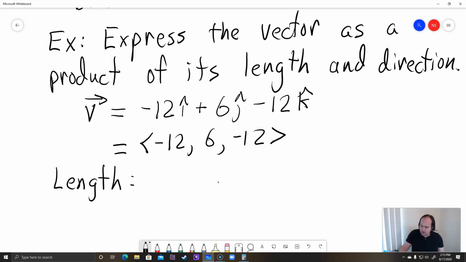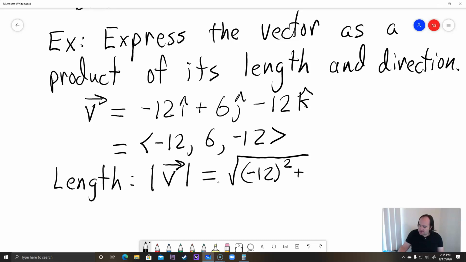Okay, so the length here is going to be the magnitude of vector v, so absolute value of vector v. And remember, because this is a position vector, the initial point is 0, 0, 0. So this is just going to be the square root of the sum of the squares. So this is going to be the square root of negative 12 squared plus 6 squared plus negative 12 squared.